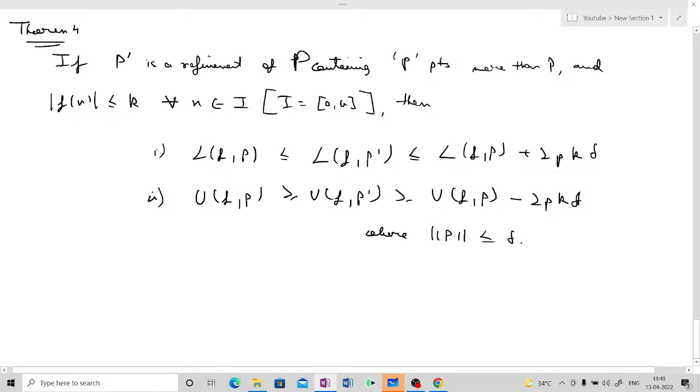This is delta. Okay, clear? So this is the theorem which we are given.